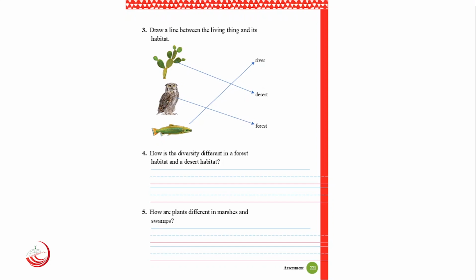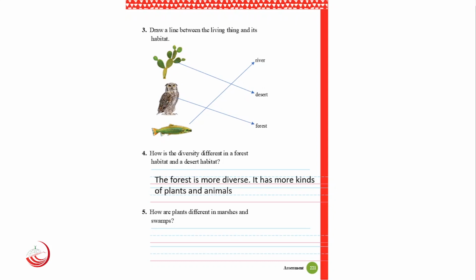Which one is more diverse, the forest or the desert? I think it is the forest. So the forest is more diverse. It has more kinds of plants and animals.